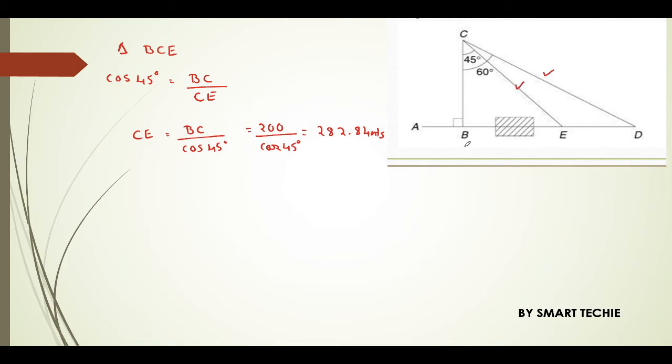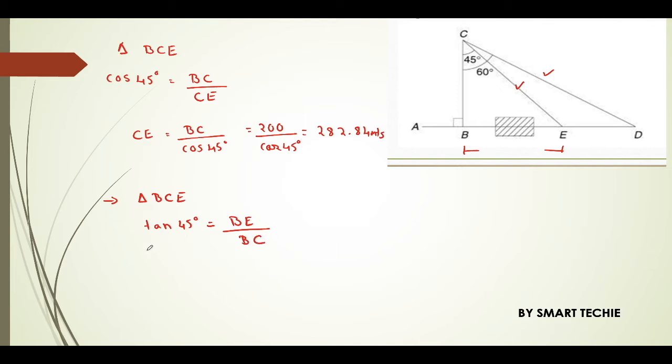Now I found the distances CD and CE. Next they have asked me to find the obstructed distance, that is BE. Here the angle is 90 degrees, and here it is 45 degrees. So I can consider tan in triangle BCE. tan 45 degrees is nothing but the opposite side BE upon the adjacent side BC.